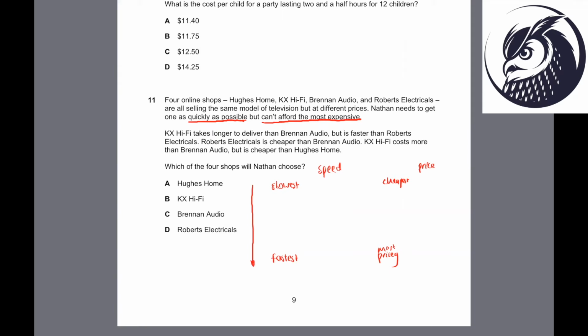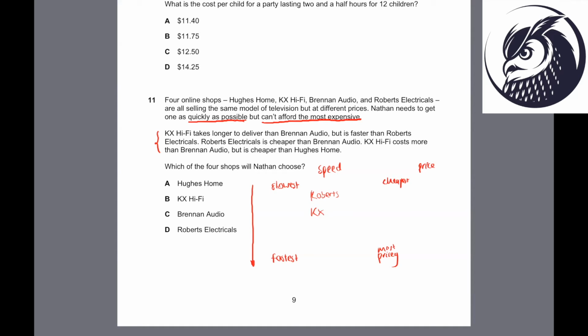So let's now populate our diagram with the information from here. We know KX Hi-Fi takes longer to deliver than Brennan Audio, but it is faster than Roberts. So from that sentence, we know that Roberts would be the slowest out of the three. So I'll write Roberts here. And then we know that KX is faster than Roberts, so we'll write KX next.